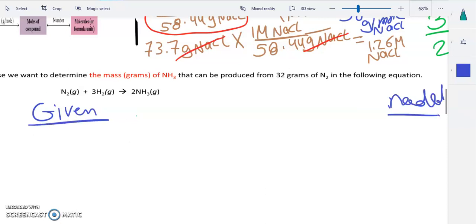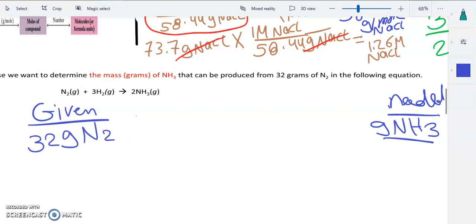Given, we have, so first we want the grams of NH3. And then here we have actually 32 grams of nitrogen. And we have the equation. So it's going between the nitrogen.